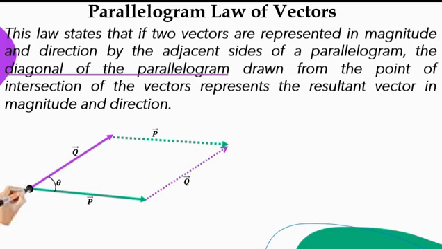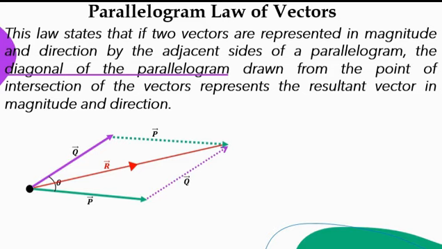So this means that this diagonal is the correct specification of the resultant of the two vectors acting at this point. Irrespective of whatever the angle is, whether it is an acute angle, an obtuse angle, or a right angle, this is the principle for finding your resultant using the parallelogram law of vectors.